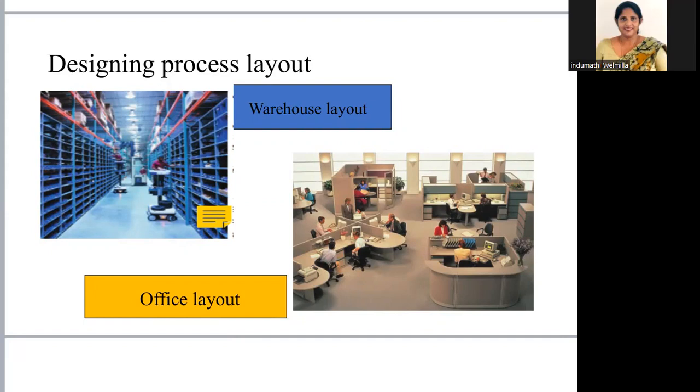We have discussed the four main layout methods: process layout, product layout, fixed position layout, and the hybrid layout. Among those four methods, product layout and process layout we use highly, so they are very popular.